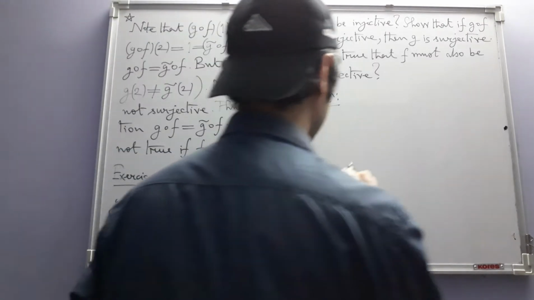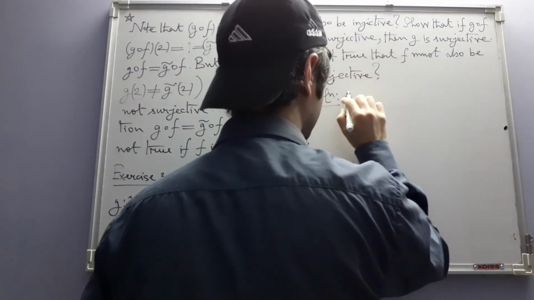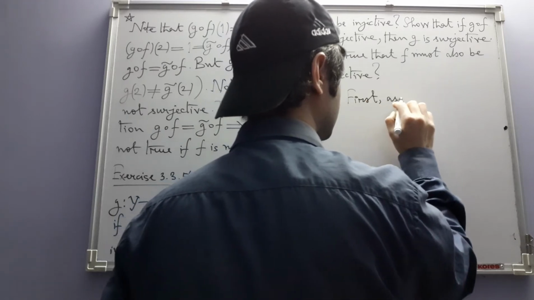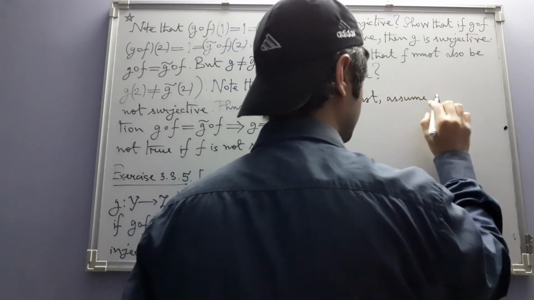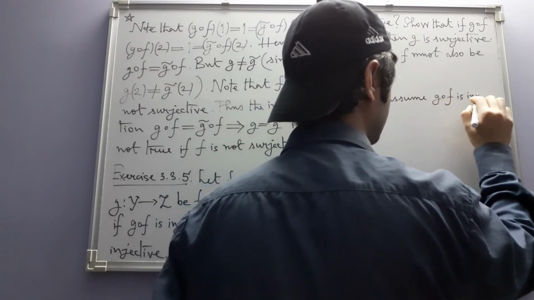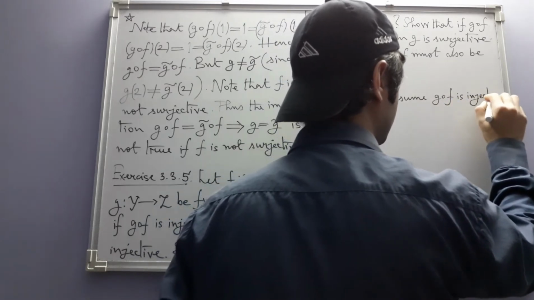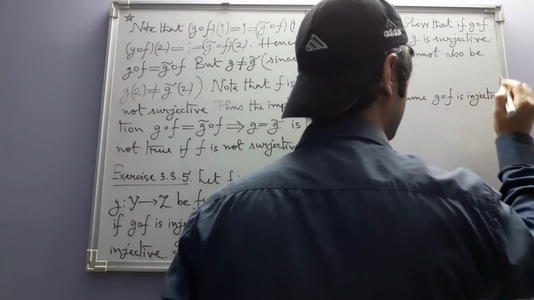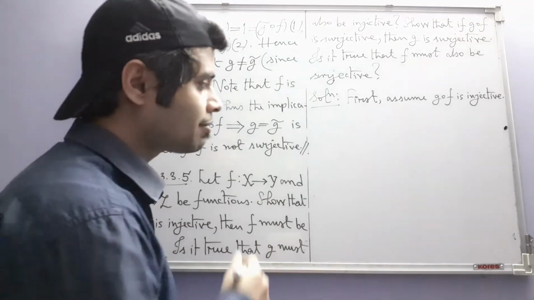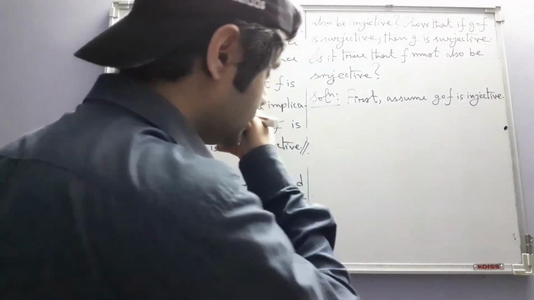So that's what we assume first. First assume g composition f is injective. We have to show that f is injective.